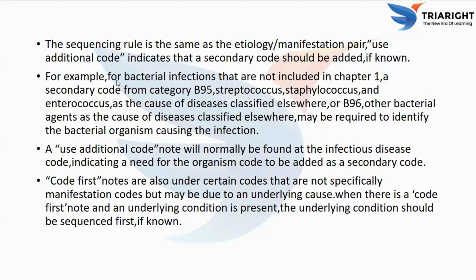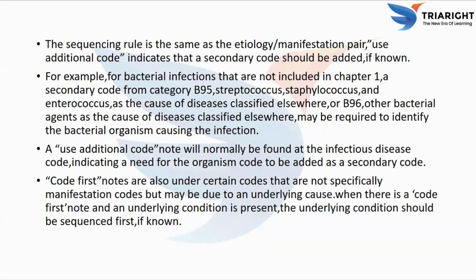What is the sequencing rule for use additional code and code first notes? Sometimes two codes are needed to fully describe a disease. One for the main disease and another for the cause or specific organism, as I had said. This follows the same logic as etiology and manifestation: one code shows the cause, another shows the effect.